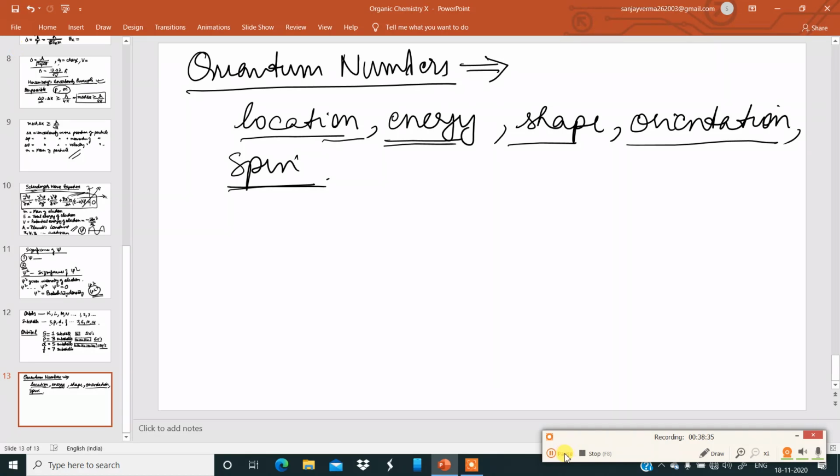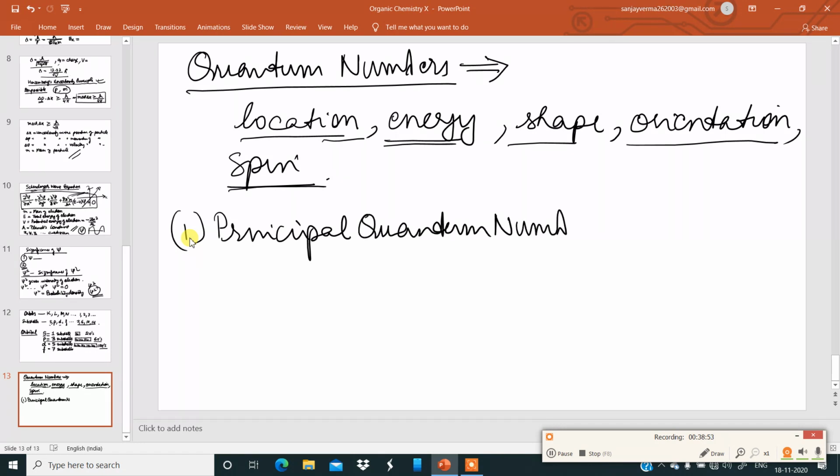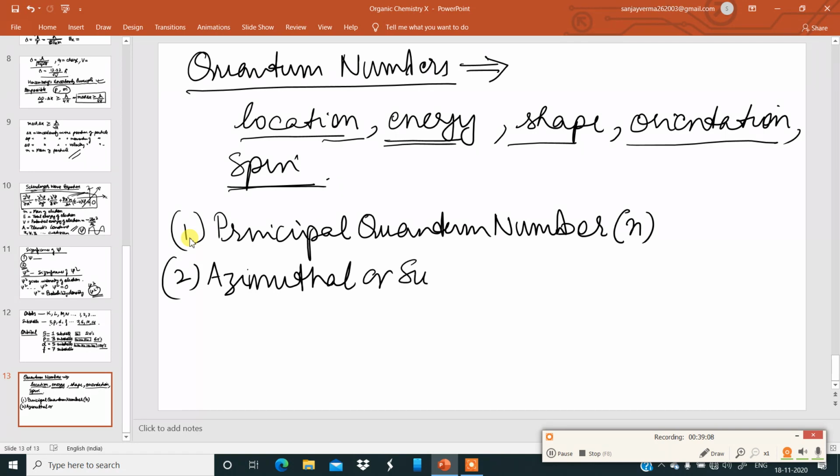Okay. Now let us see. The important quantum numbers are: number one, the principal quantum number, represented by small n. The second one is called azimuthal or subsidiary quantum number, represented by small l.